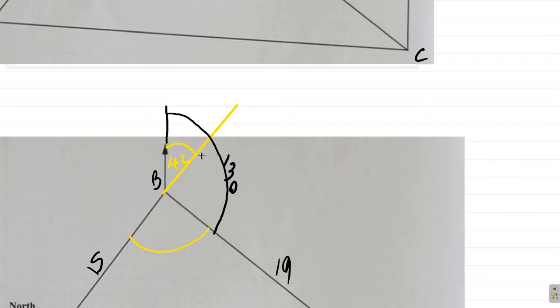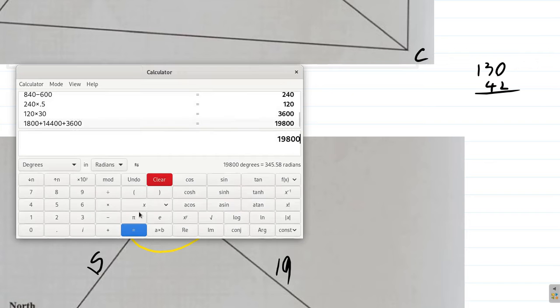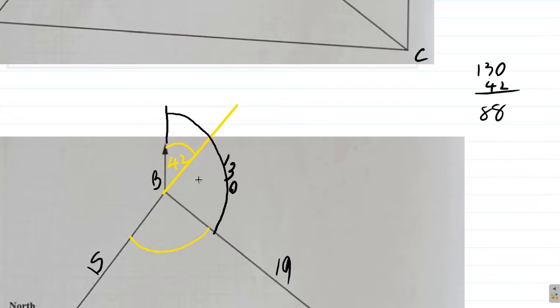So if we take 42 off 130, 130 minus 42, let's just use a calculator this time. 130 minus 42 gives us 88. So this angle is 88, right here.